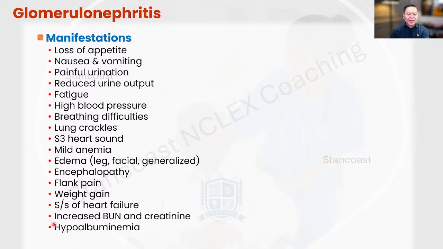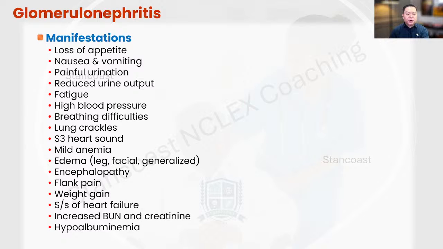Hypoalbuminemia, and the reason for that is because the basement membrane is now dysfunctional. It is now allowing the large molecule albumin to leak out from that layer into the urine. So the body is actually wasting tons of the albumin. And this is going to cause a whole lot of changes inside the body.